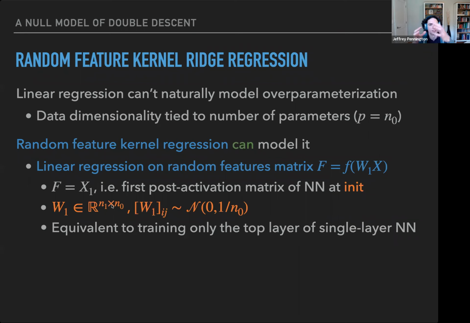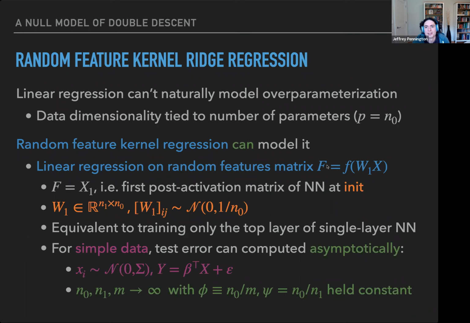And that's going to change the size of your so-called hidden layer. It's going to change the dimensionality of your random feature matrix, each random feature embedding of each sample. So the samples of this new random feature matrix F will have dimension N1, which you can adjust. And by increasing N1, you can get your model more over-parameterized if you wanted to.